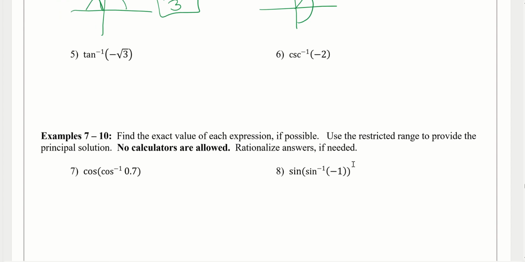Okay. Now the next one's a little bit tricky, right? So here's my restricted area, negative pi over 2 to pi over 2. It's negative, so I know it's got to be down here in the fourth quadrant.